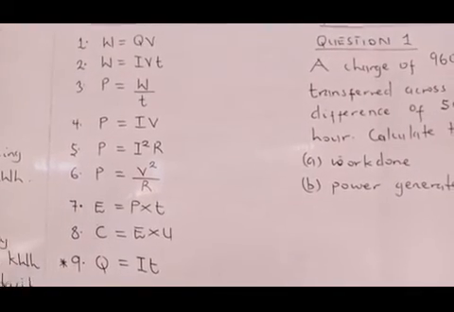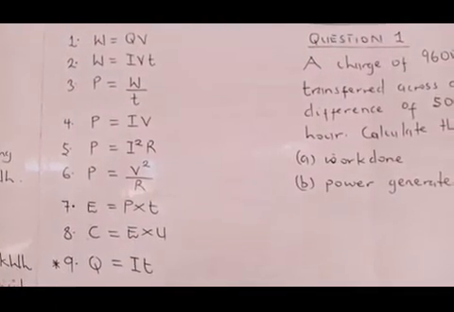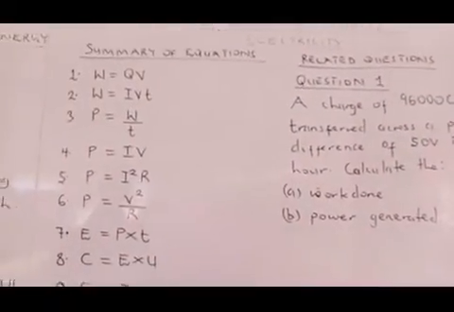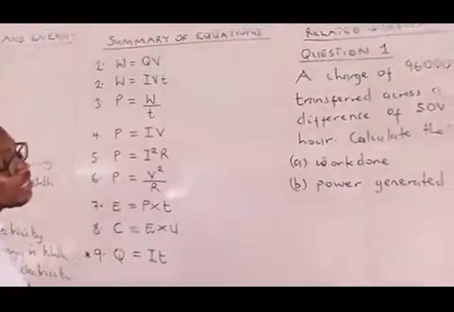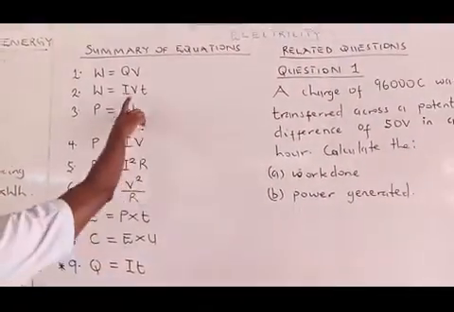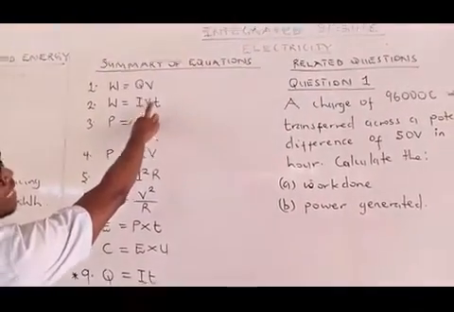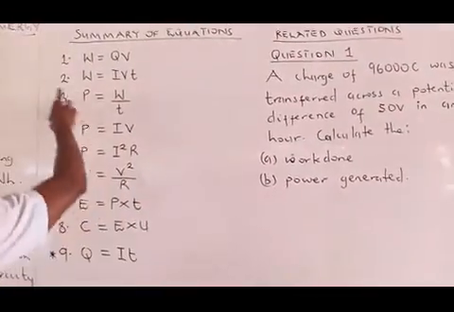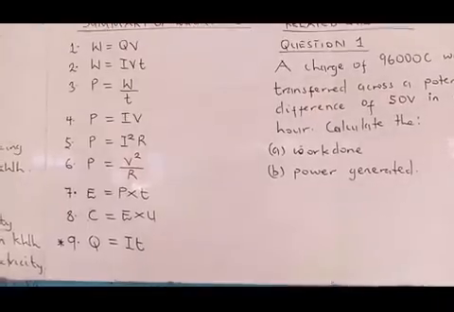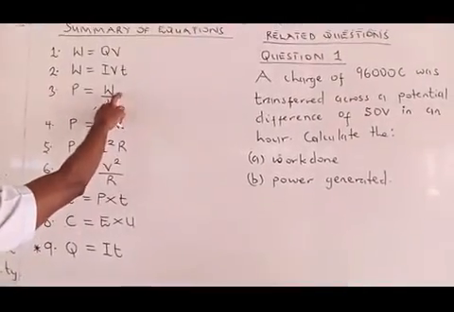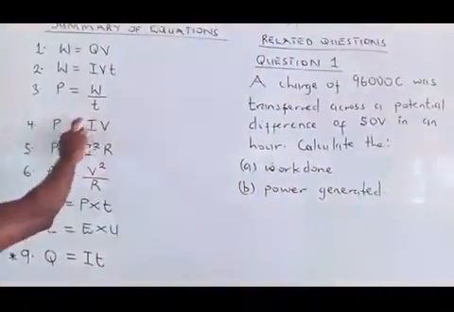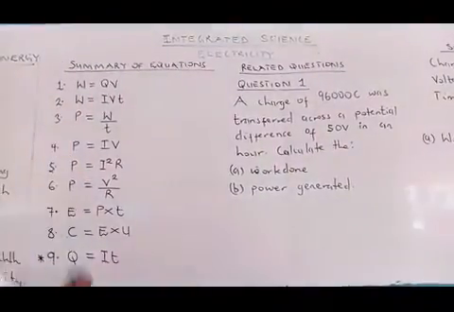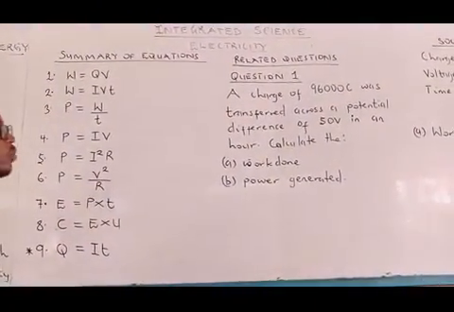From the information, we have the charge and the voltage, so we can use equation 1. We can't use equation 2 in this case because, even though we have the voltage and the time, we don't have the current, the I, from the information given. Similarly, to make W the subject in equation 3, we need the power and the time. We don't have the power, so we can't use equation 3. So the only equation we can use is equation 1, the charge times the voltage.